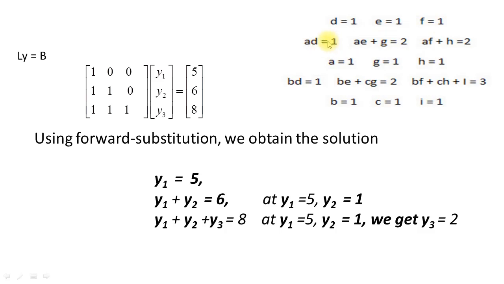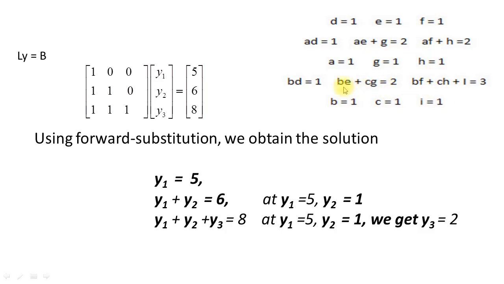By comparison, we obtain D is equal to 1, E is equal to 1, F is equal to 1, AD is equal to 1. Putting the value of D, we obtain A is equal to 1, and AE plus G is equal to 2. Putting the value of A and the value of E, we obtain G is equal to 1, and AF plus H is equal to 2. Putting the value of A and the value of F, A is 1, F is 1, so H is equal to 1.